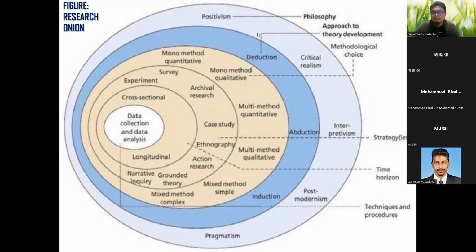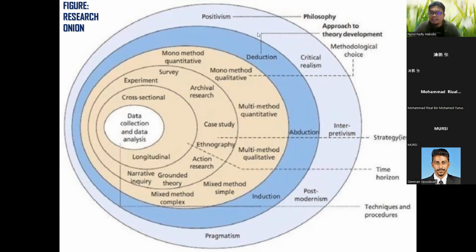If you use induction, you may use mono method qualitative or multi method qualitative. If your approach is abduction, you use mixed method simple or mixed method complex. This part is really important, especially for your semester 1 and semester 2, to identify your research design and research methodology.